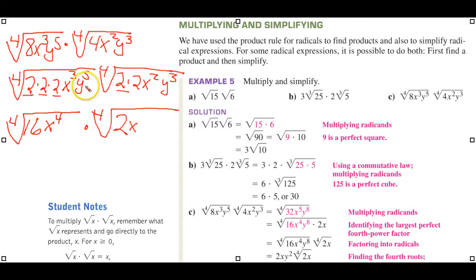Take out 4, and then here I'm going to have y to the eighth, which is a perfect fourth, and that's what I have. So now I take the fourth root of 16, which is 2, divide this by 4, that's x, divide this by 4, that's y to the second, and the fourth root of 2x.